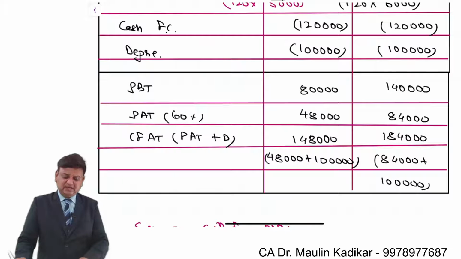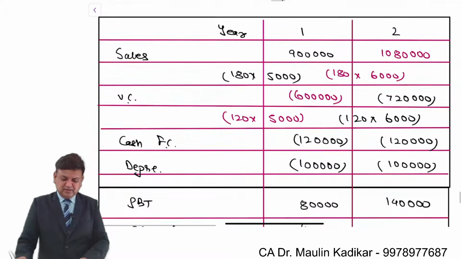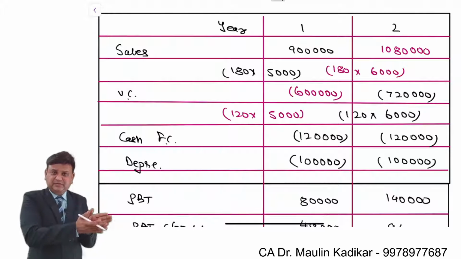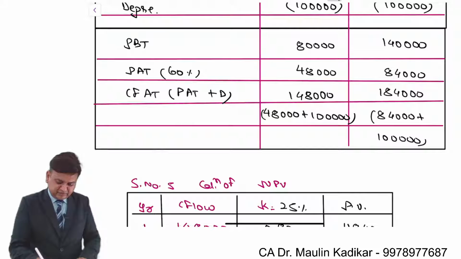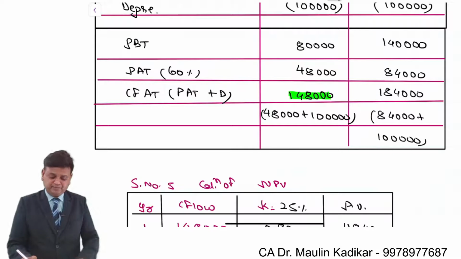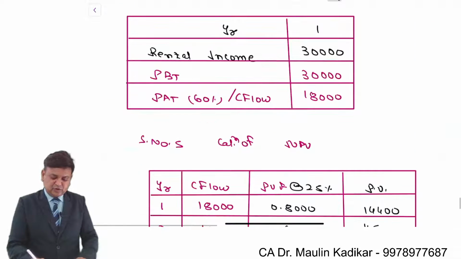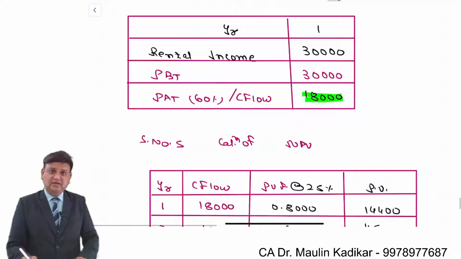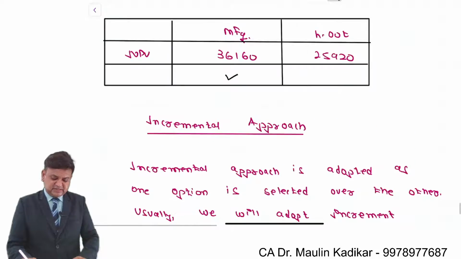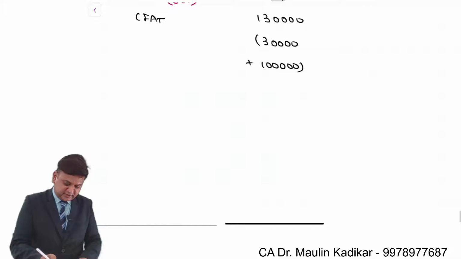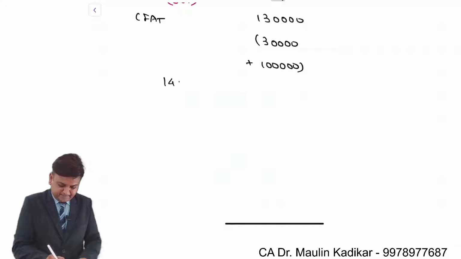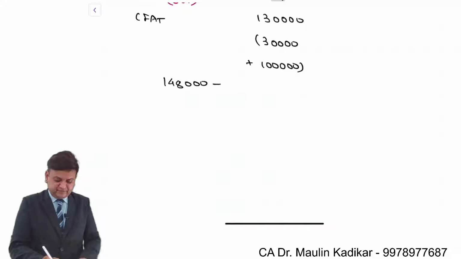Friends, the second method is quite a simple method. When you make the computation of the CFAT, if you manufacture, that is 148, and CFAT if you do not manufacture, that is 18. It means by manufacturing the product you receive 148, and in case of the let out, you could have received 18,000.